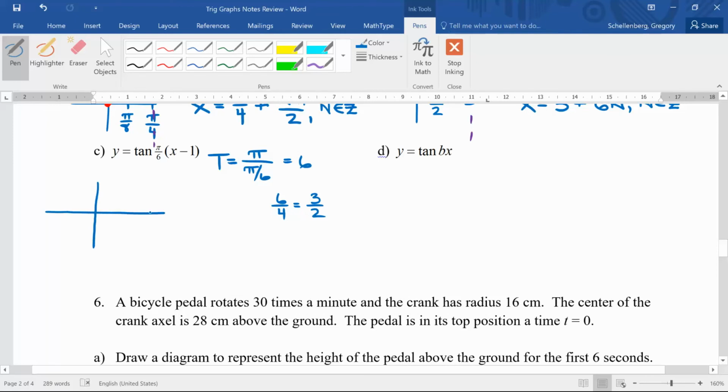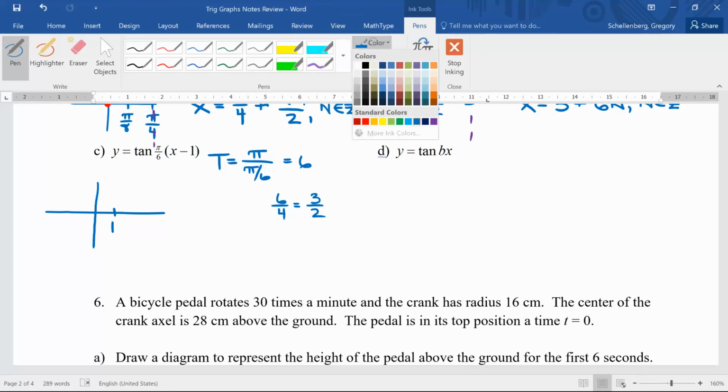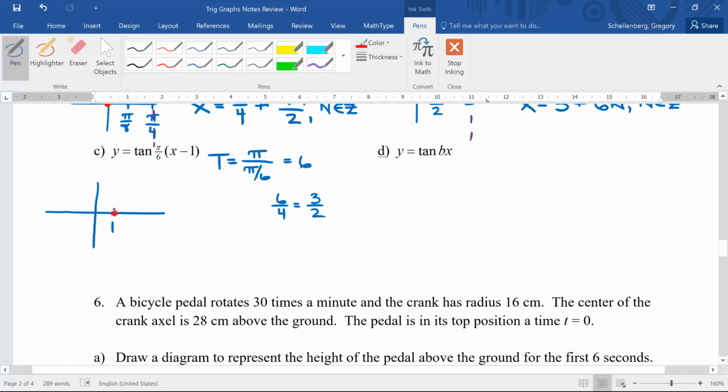This time we have a phase shift of 1 unit to the right. It's a tan function, so we're starting at a midpoint. So there we go. Okay, now we're going to add one significant point, which is 3 over 2. So 1 plus 3 over 2, you can think about 1 as being 2 over 2 plus 3 over 2 is 5 over 2.